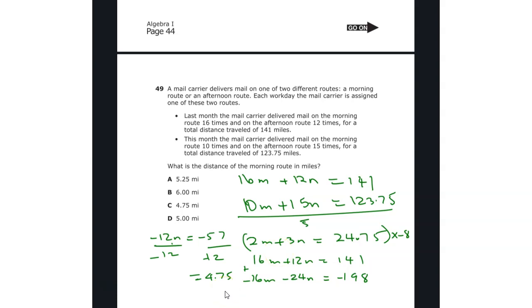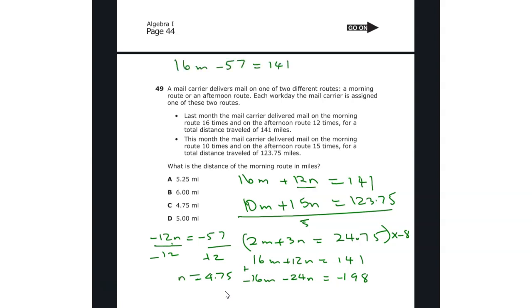Okay, so now what we're going to do is substitute the value of n into one of these equations. So I'm going to use this one here. So 16m plus 12n is negative 57. So 16m minus 57 equal to 141.